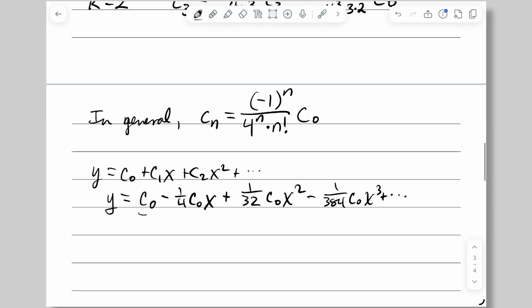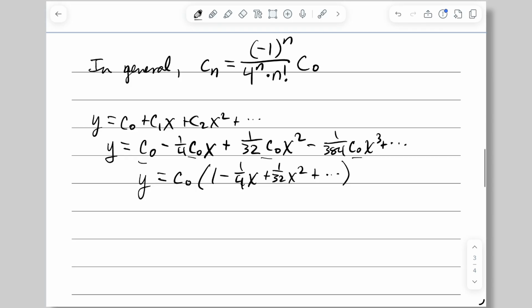Notice we have a c sub 0 in every term. So we're going to write this down with the c sub 0 factored out, 1 minus 1/4 x plus 1 over 32 x squared. And at this point, I'm just going to put dot dot dot there. Most of the answers that you're going to give in the rest of the chapter are going to look like this, some infinite sum with an ellipsis.